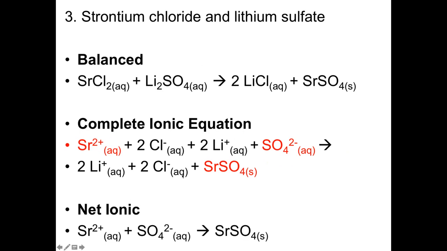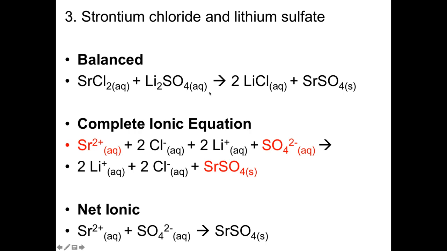Third example here is strontium chloride and lithium sulfate. Balanced equation is SrCl2 plus Li2SO4 going to 2 LiCl plus SrSO4. Again, Sr is 2 plus, Cl is minus, lithium is plus 1, sulfate's 2 minus to make this work.